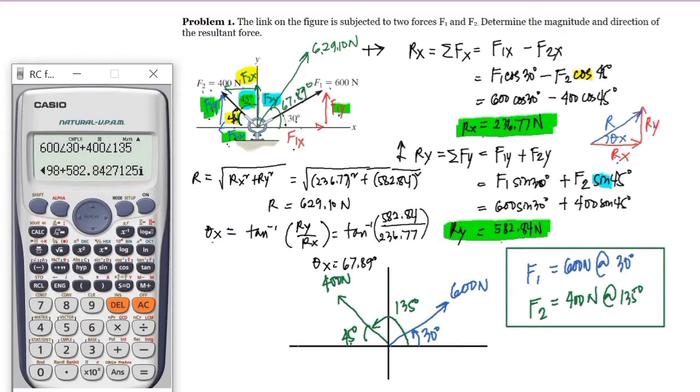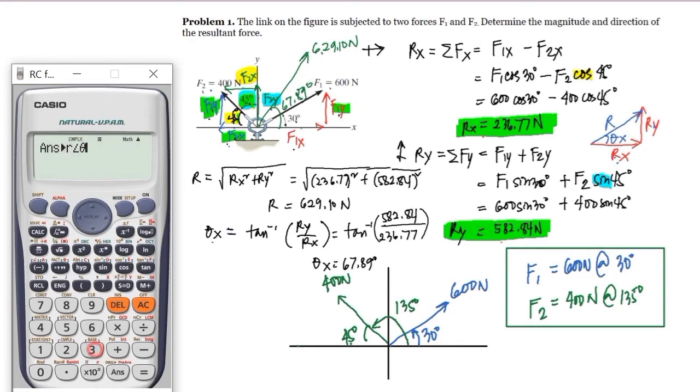What we do is press shift and then complex, that's number 2 here, and from the rectangular representation, we are going to bring that into polar coordinate. That rectangular representation will become the radius and the direction.